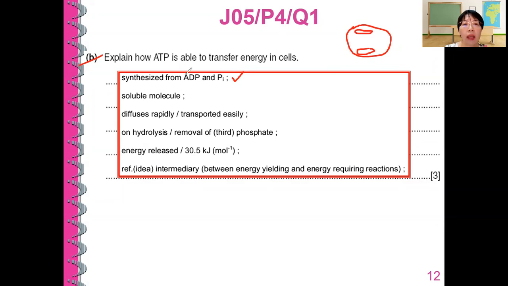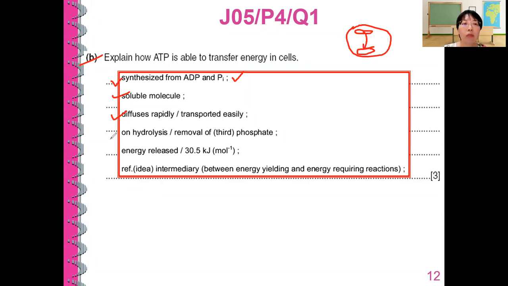So step 1, ADP plus Pi becomes ATP in the energy yielding reaction area. And then because ATP is small and soluble, it can diffuse or move. Move from where to where? Move from energy yielding reaction to energy requiring reaction. So when you say move, you must always tell me move from where to where.